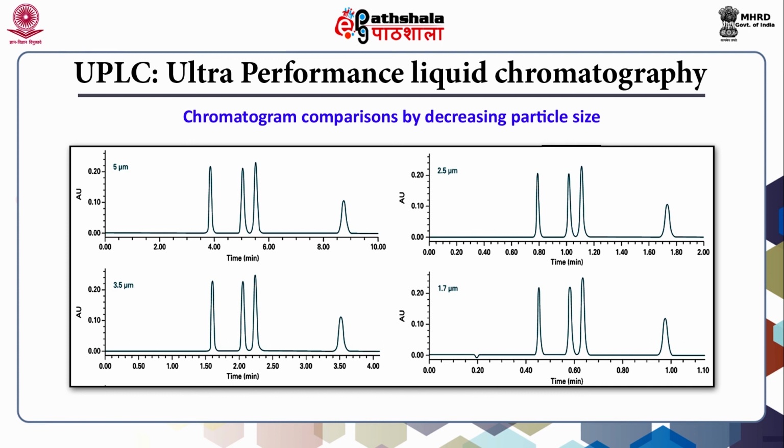That means the entire analysis with the 5 micrometer stationary phase took 10 minutes, but the same sample took only 1 minute with the 1.7 micrometer particle size. So, this kind of chromatography is called ultra performance liquid chromatography.